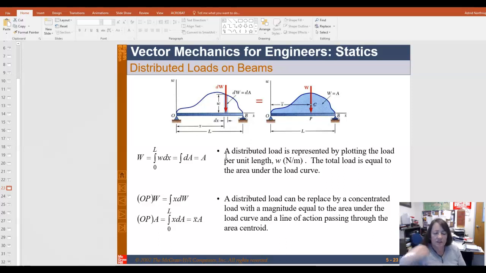So W is the distributed load in newtons per meter, and you can find the centroid by using this formula, which is just similar to the first moment equation, but in this case we're using that distributed load times A, and we can find the location of the weight. So in other words, what we're doing is we're looking for an arrow, which is the total weight, which is the area under this curve, acting at some point, which is at the centroid of the curve.